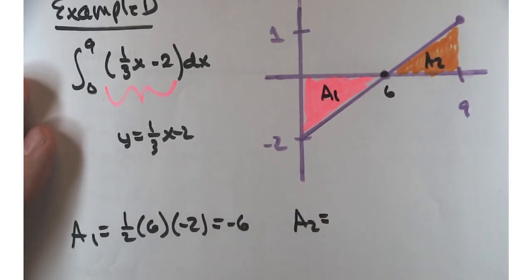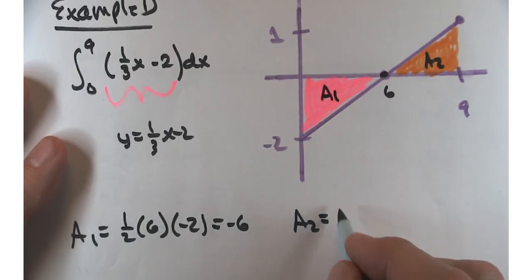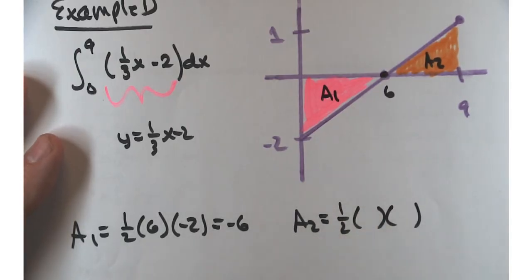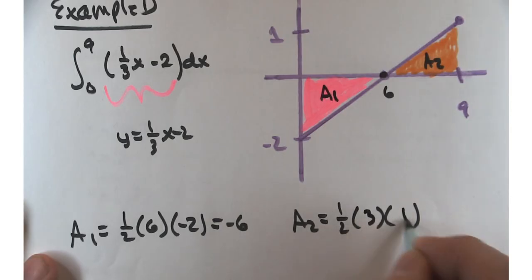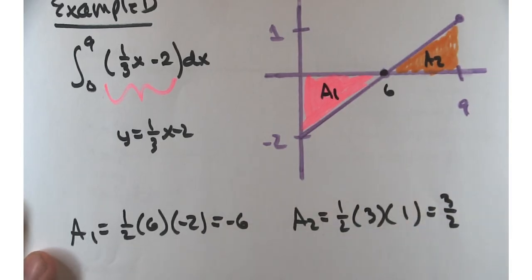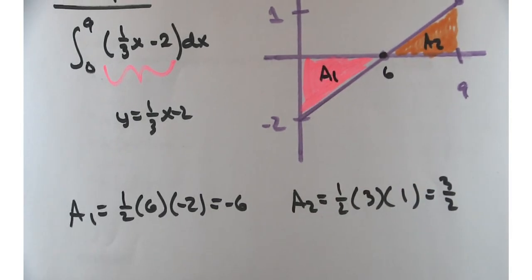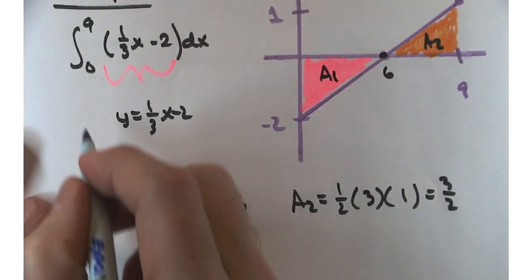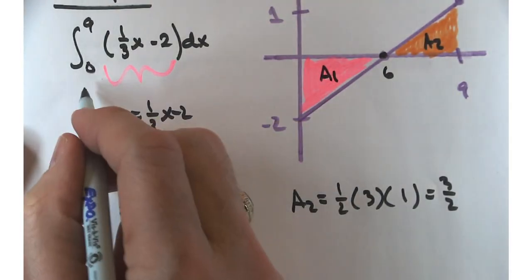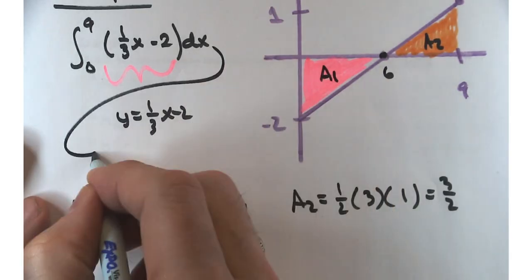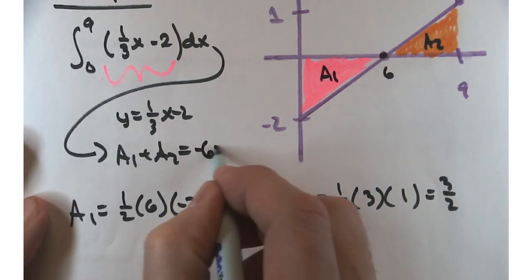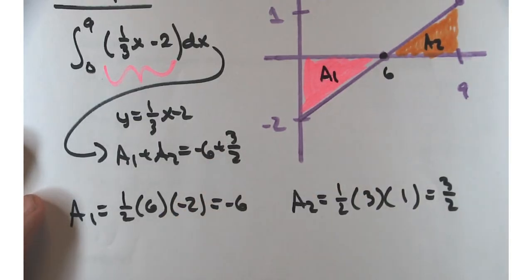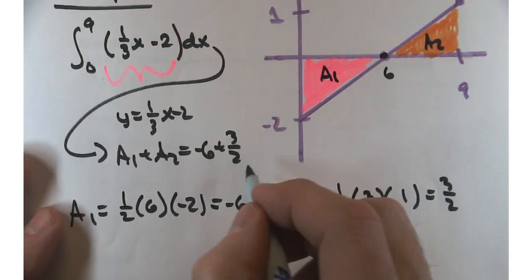How about A2? 1/2 times what times what? 1/2 times 3 times 1. Yeah, basically 3/2. If I want the total area now, this is just going to be A1 plus A2. -6 plus 3/2 will end up being -9/2.